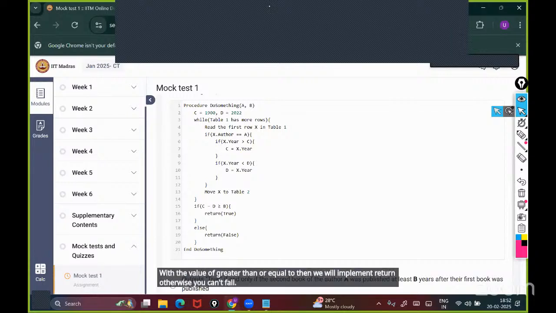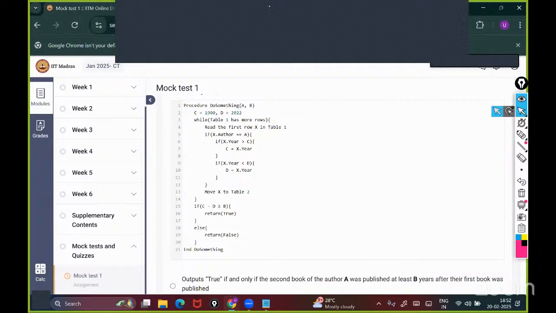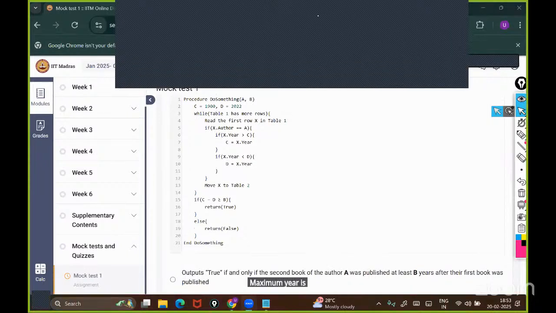Your voice is jarring. Maximum layer is C and minimum layer is D. People, I am not able to hear your voice clearly, ma'am.